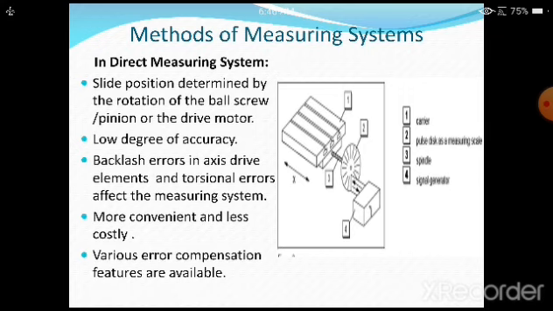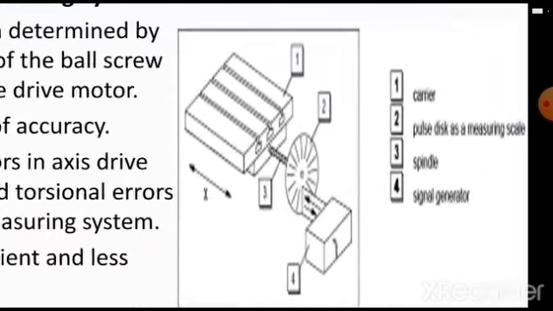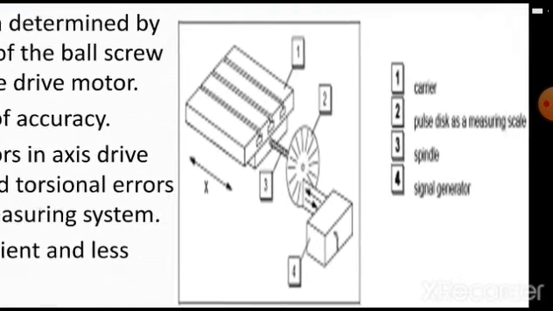Unlike a direct measurement system, where the movement of the table or the slide is measured directly by using the graduated scale and sensor, if this is not done, then we require to use photo sensors again. That is what you are going to see here very clearly.